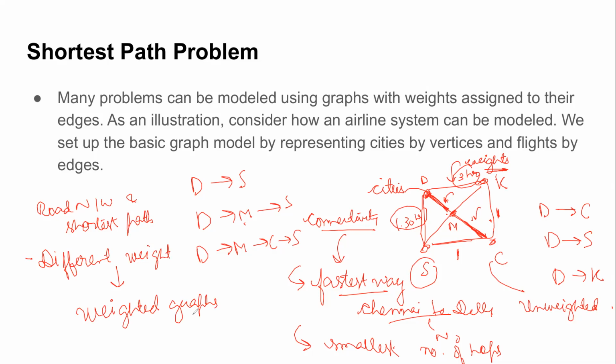Unweighted graphs are required only for those scenarios where all edges are equal. There is no preference or high weight given to anyone. Everything is equal. And weighted graphs are used where you need to distinguish between different situations or different edges, so that you can answer certain questions. Is this clear, the scenarios where weighted and unweighted would be required?